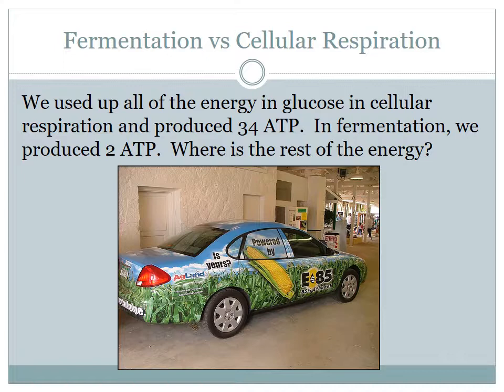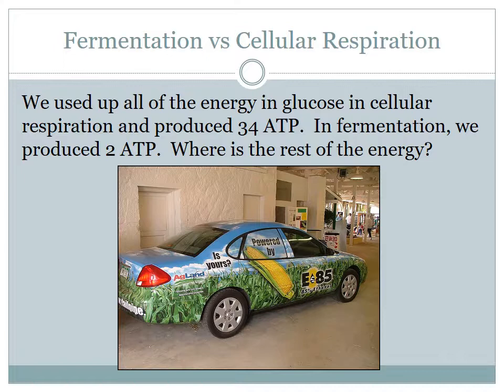So here's a question. It's an application of this. We have this molecule of glucose. Now, in cellular respiration, we produce 30 to 34 ATP. We took the glucose and we cut it up into little bitty pieces. That's a lot of energy.